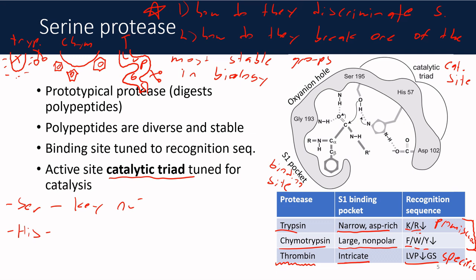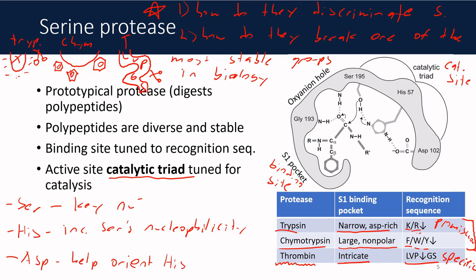The job of histidine is to increase serine's nucleophilicity through a combination of effects. Aspartate, the third player in this triad, its job is to help orient histidine so that it is near serine and it's able to do its job.